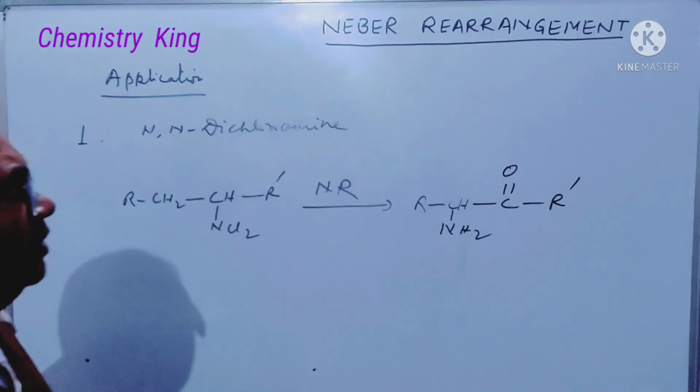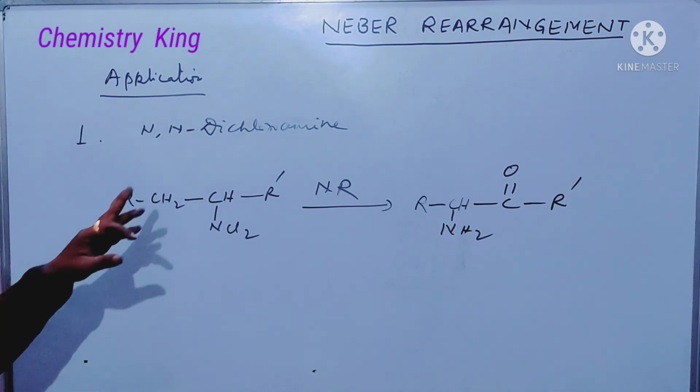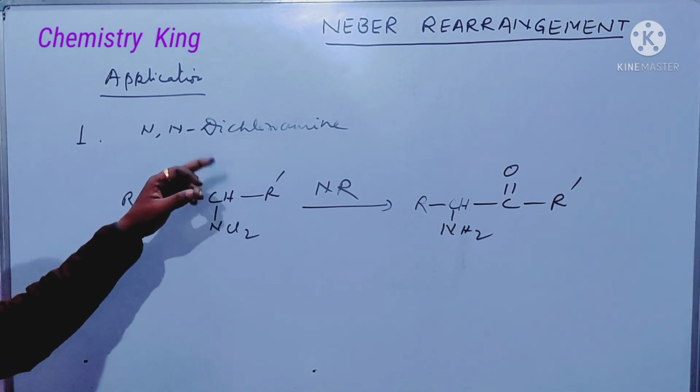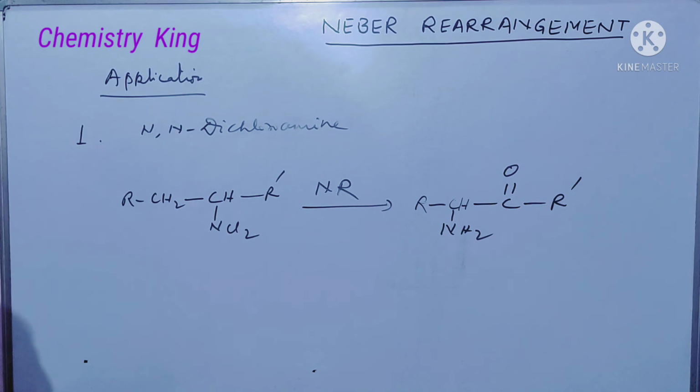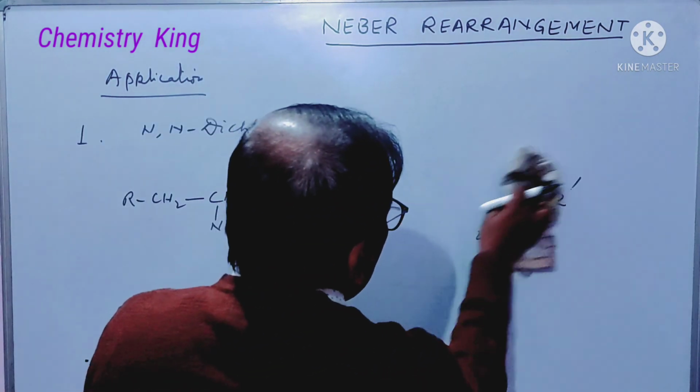It will be the Neber product. And so I have written here N,N-dichloroamine will give Neber rearrangement. What will be its mechanism?